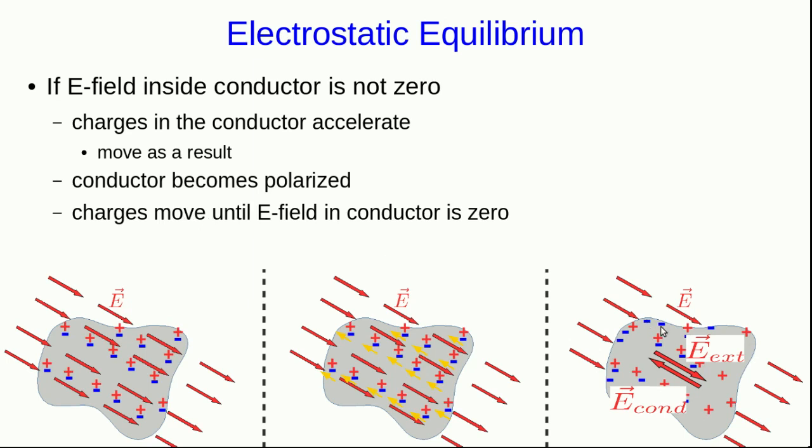Well, the charges in the conductor are going to keep moving until the electric field inside the conductor is zero. In other words, when this internal electric field and this external electric field exactly cancel each other. At that point, now the E field inside the conductor is zero, the charges don't accelerate anymore, and we've re-established electrostatic equilibrium.